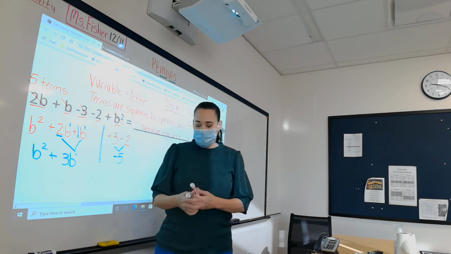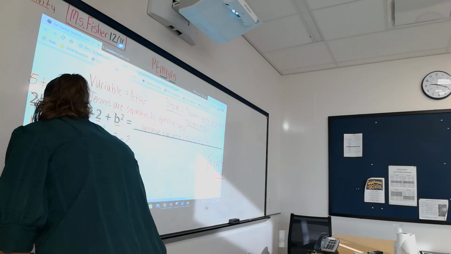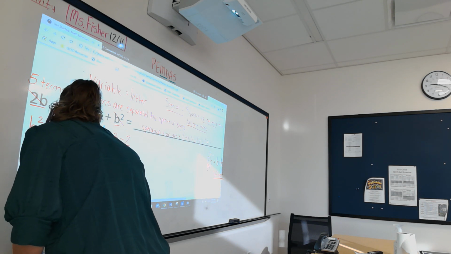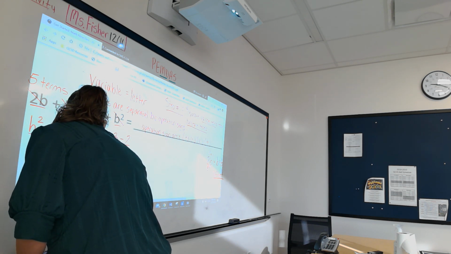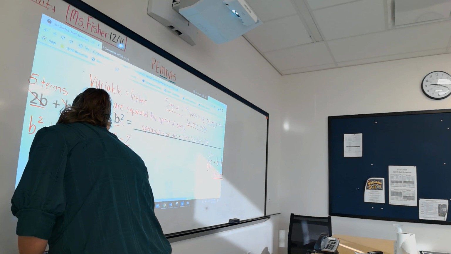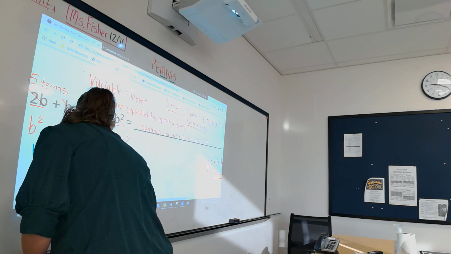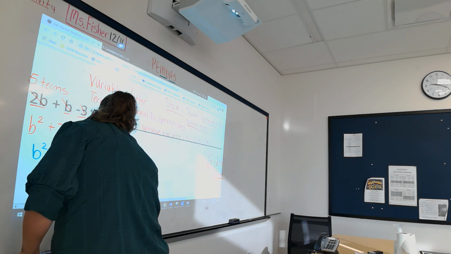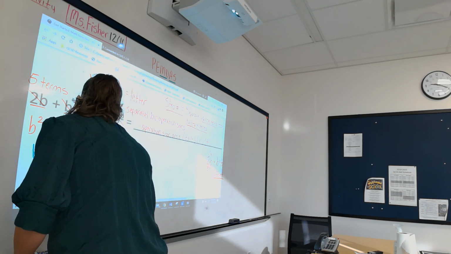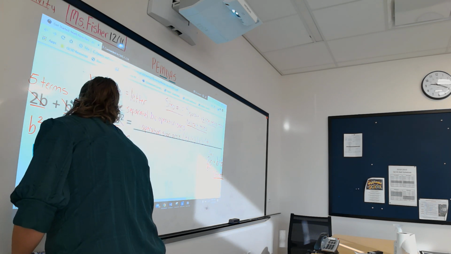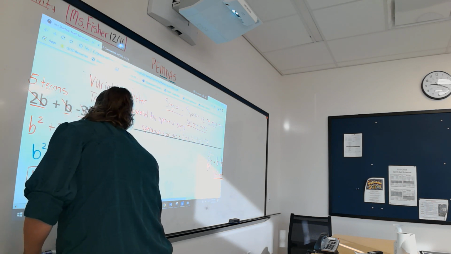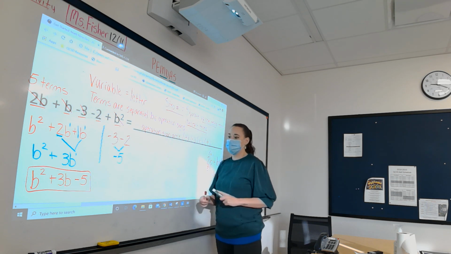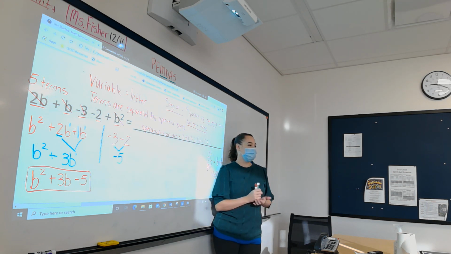Okay, so I have b squared, that's to the highest power, plus 3b to the first, minus 5, and you don't even have to write to the first because it's just 3b. Final answer. Okay.